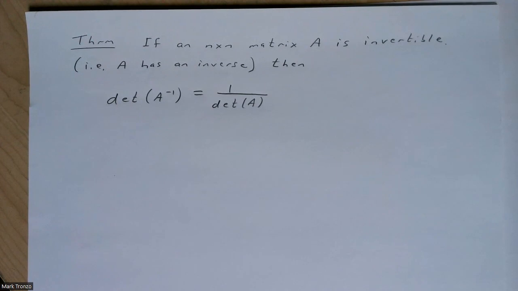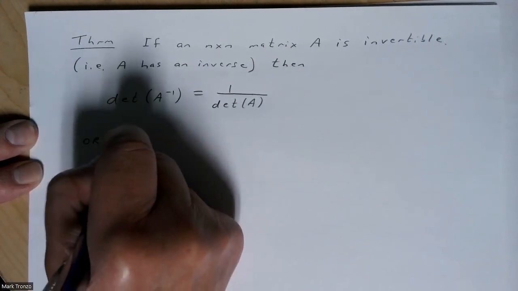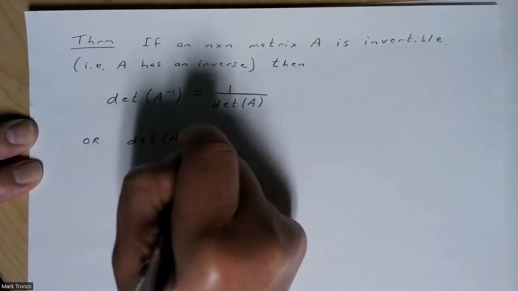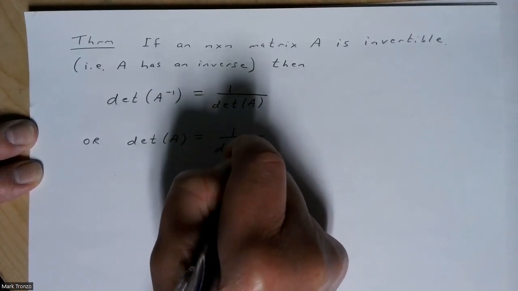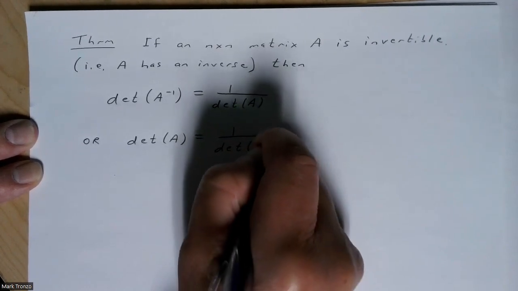And of course, you could also say this the other way: if you just cross multiply, the determinant of A is going to be 1 over the determinant of A inverse, like this.